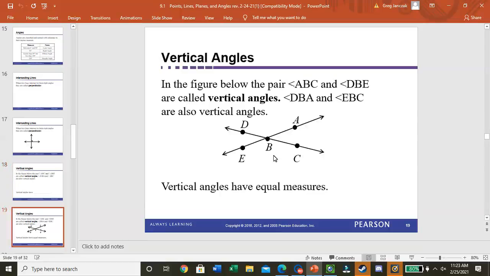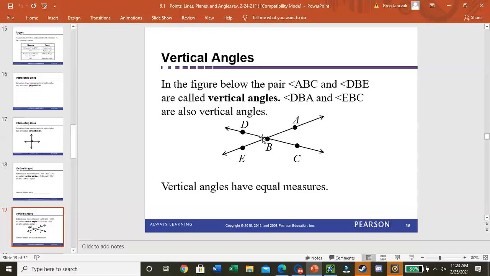Angle ABC and DBE are considered vertical angles. They're like scissors. If you took two markers and squeezed them together, the two side angles are always going to be the same measure. Or if you widen them out, they're still going to be the same measure. So that's vertical angles.